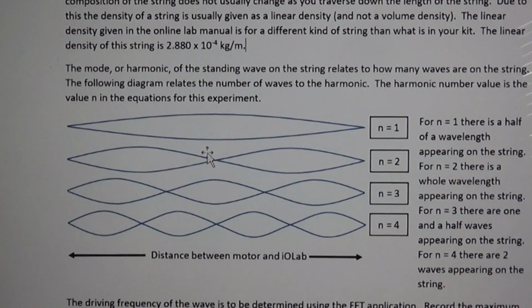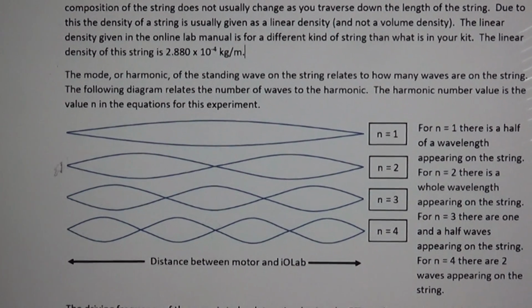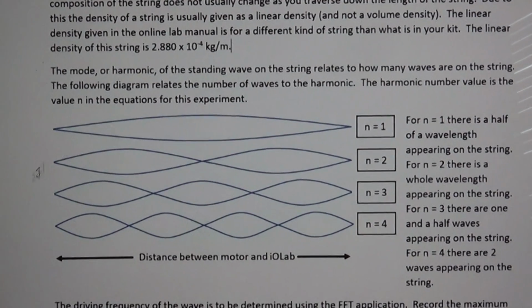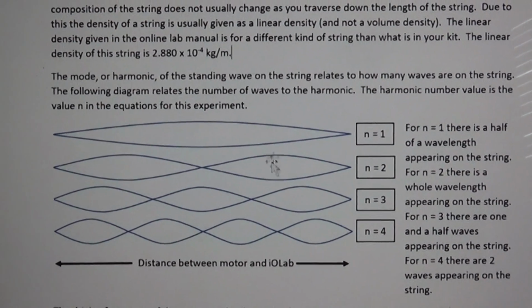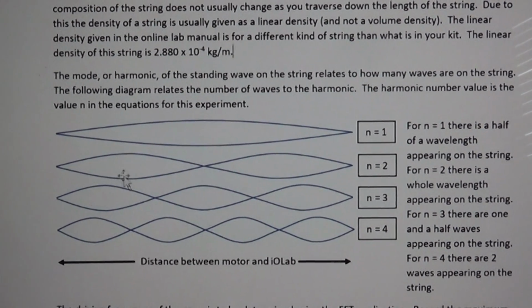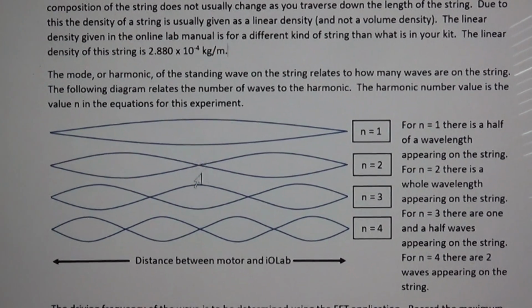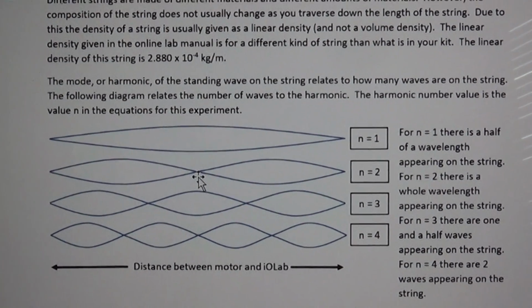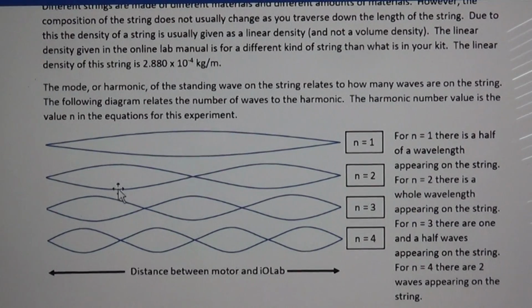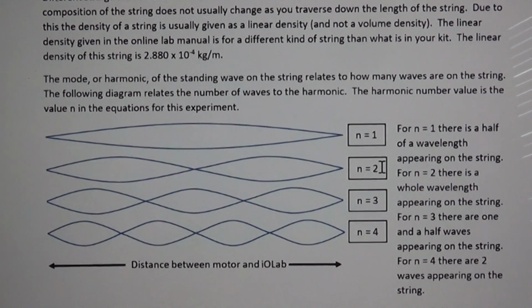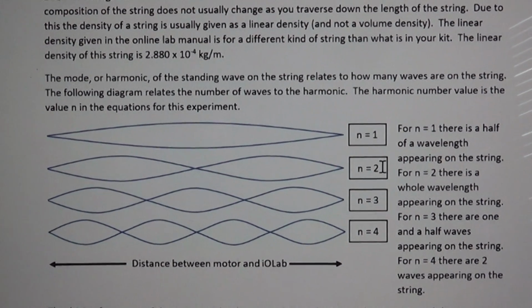And then you'll set up a standing wave such that you have one full wavelength going between the two. Or if you look at this, you have two antinodes and another node in the middle. So we have two antinodes, and the two antinodes correspond to the same number for the harmonic, n equals 2.